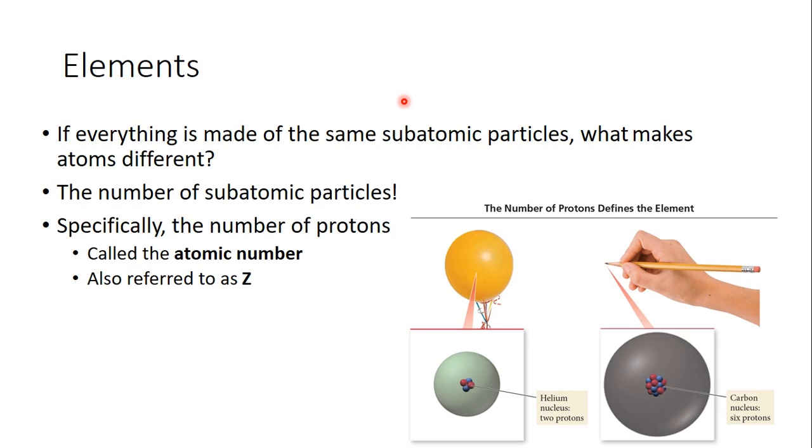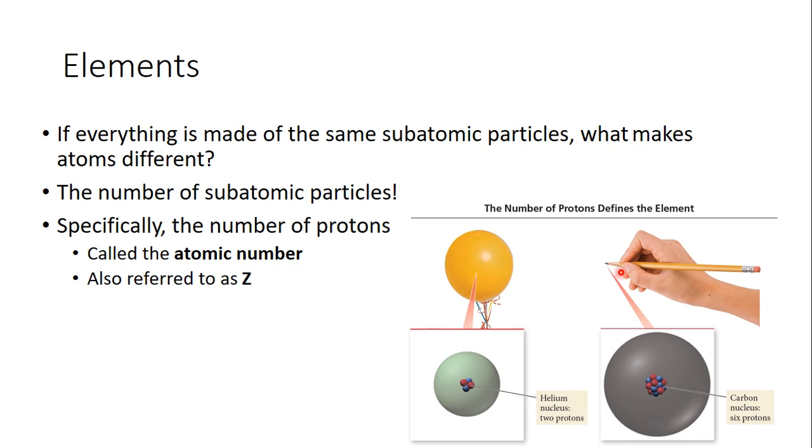Specifically, the big difference is the number of protons. The number of protons that an element has, we call the atomic number, or you can also call it Z.